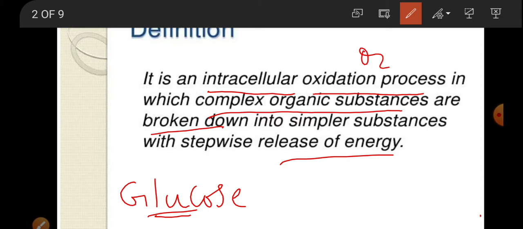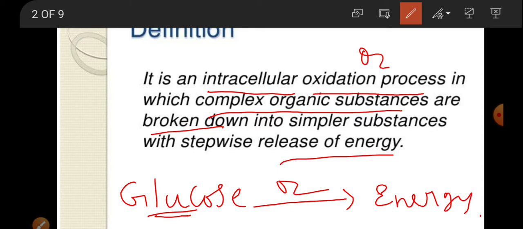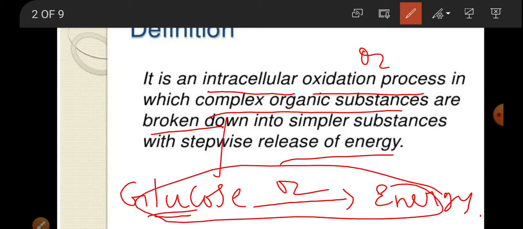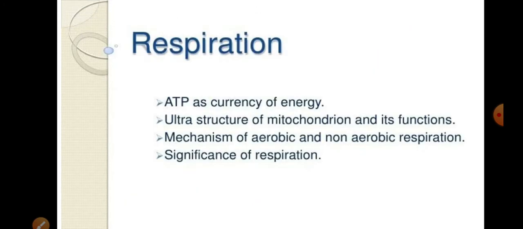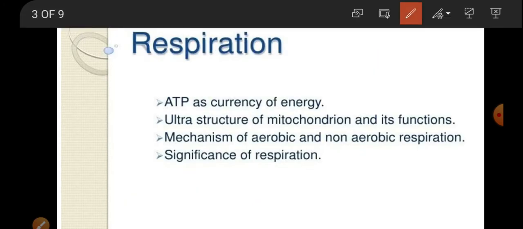These complex organic substances break down into simple forms for the production of energy in the presence of oxygen. This particular process we call respiration. Due to respiration we get energy, and that energy is present in the form of a chemical called ATP.